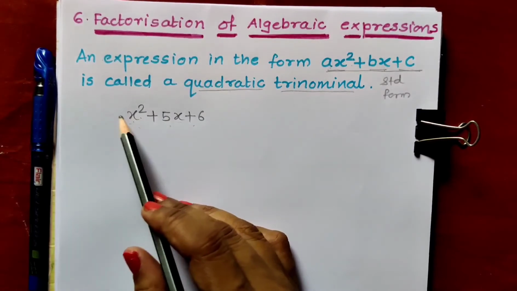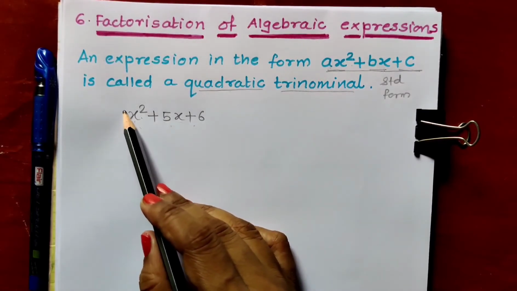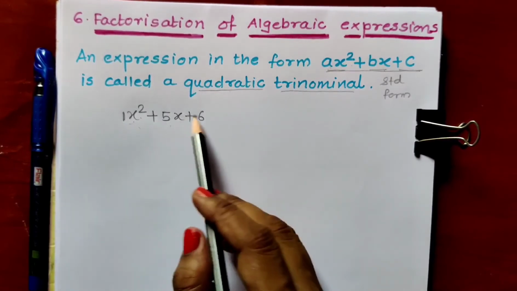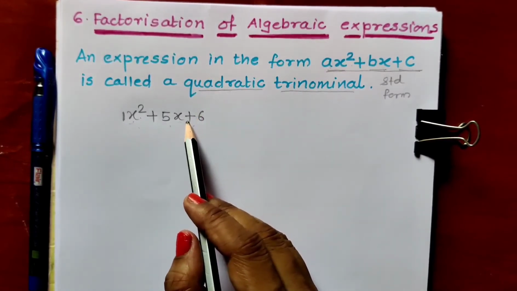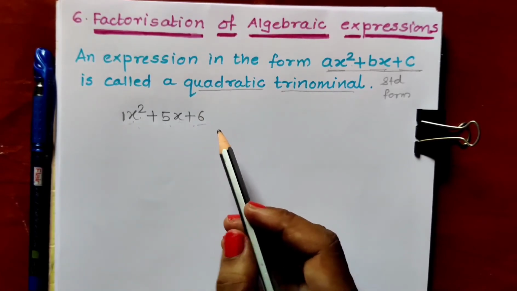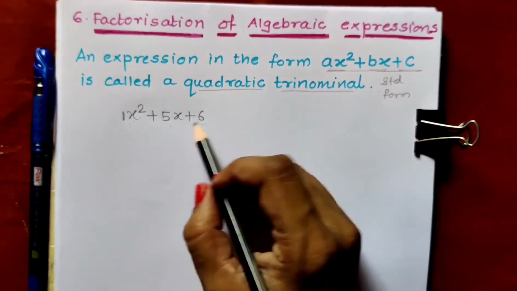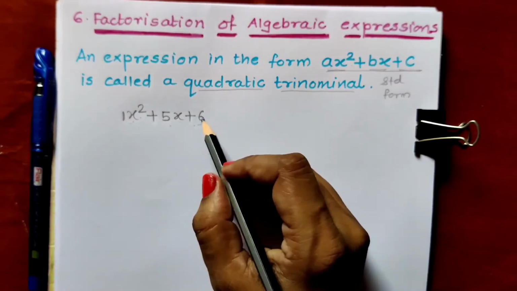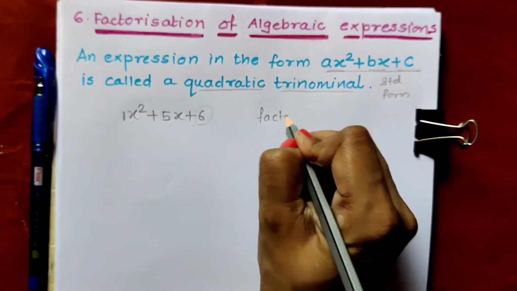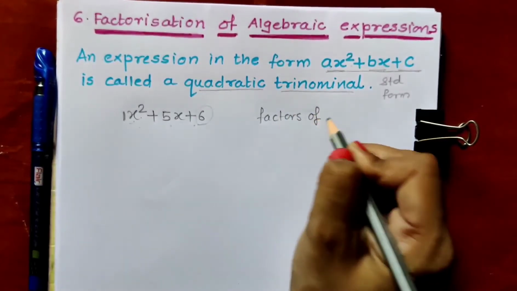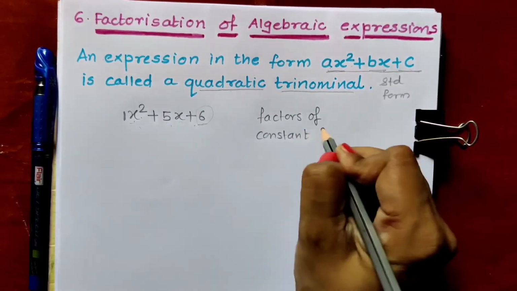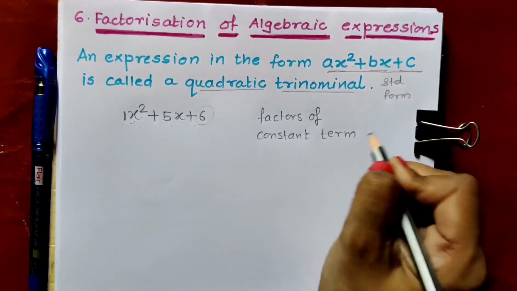The coefficient of x square is 1. Nothing is there means 1. The coefficient of x is plus 5 and 6 is the last term, which is the constant term. So how to find the factors? We have to find the factors of the constant term. How many factors do we have to find?